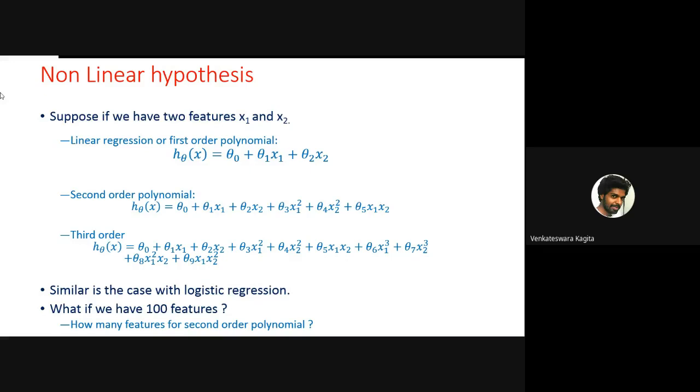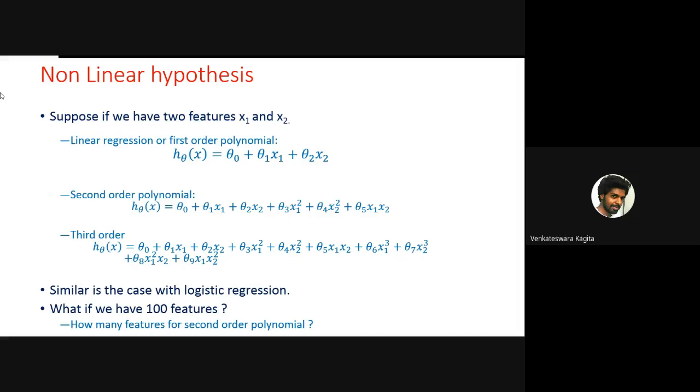For first order polynomial. If you go for the second order polynomial, you have to consider all the second order combinations like x1 square, x2 square, x1 x2, all these varieties of second order polynomials you have to consider. Similarly, if you consider third order, you have to also include third order terms like x1 cube, x2 cube, x1 square x2, x1 x2 square.